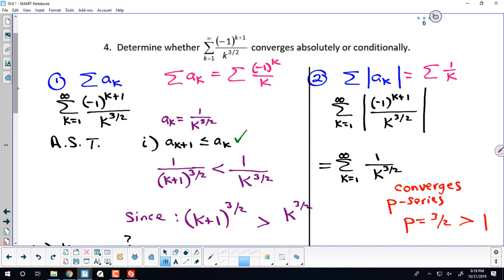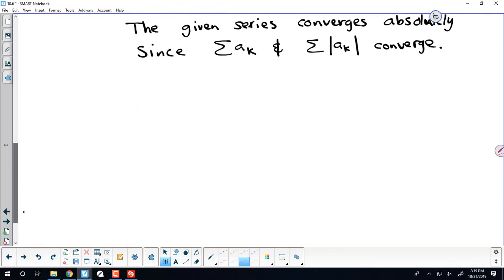But if it says, does it converge conditionally or absolutely, then we have to look at the series itself and the absolute value of the series. So once that absolute value comes up, then it kind of cancels out the first half. Right, yeah, that's an important thing.